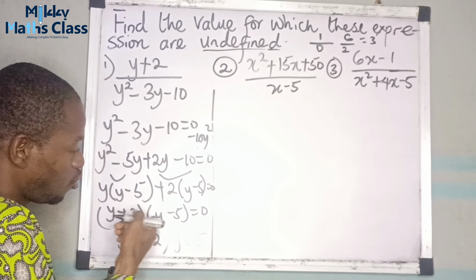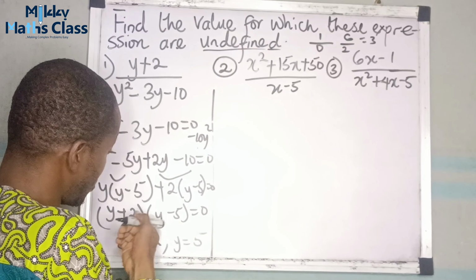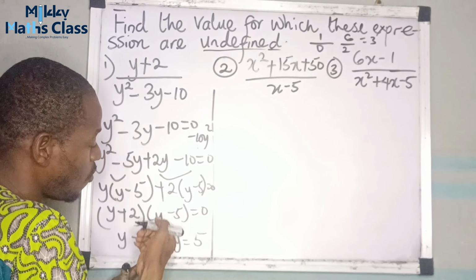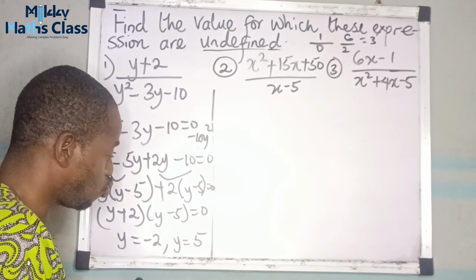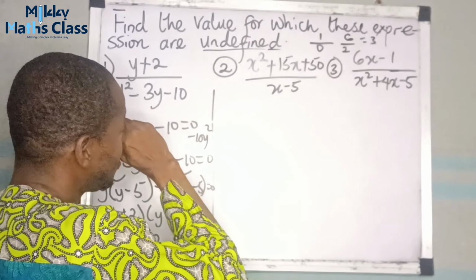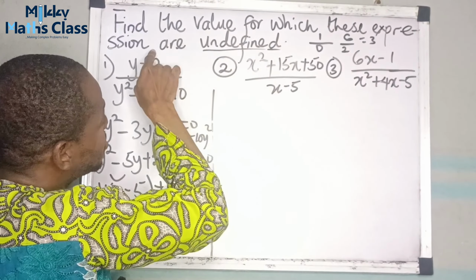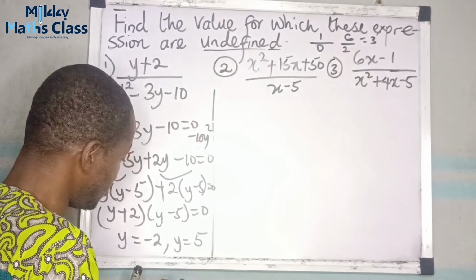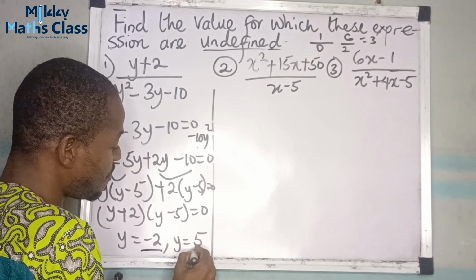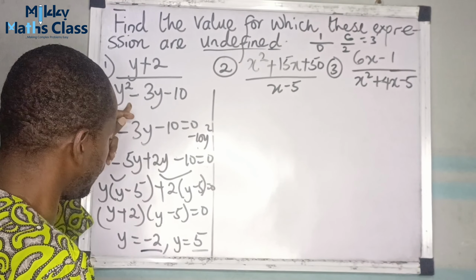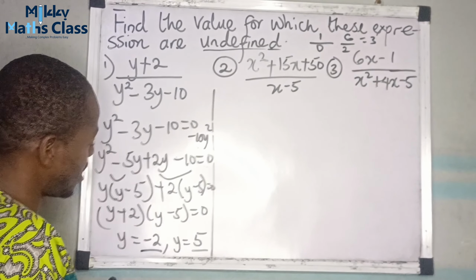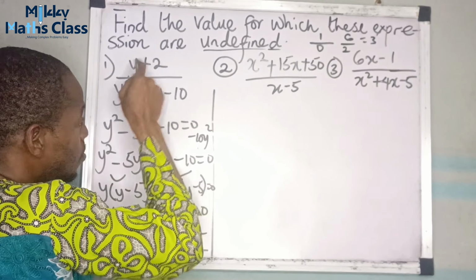When we solve it, y plus 2 equals 0, so y equals negative 2, and y minus 5 equals 0, so y equals 5. So the two values for which this expression is undefined are negative 2 and 5. If you plug in negative 2 and 5 here, you will see that the expression becomes undefined.